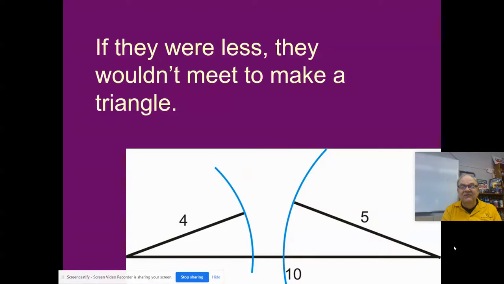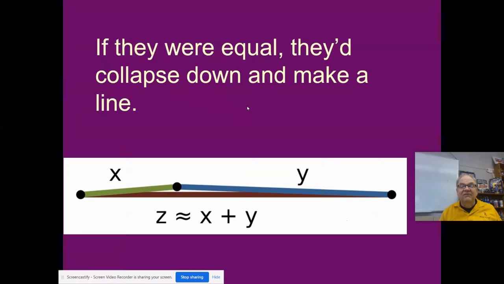Well, 4 and 5 doesn't add up to more than 10, so those sides have a gap, and they'd collapse down. They wouldn't actually close in to make a triangle. If they were actually equal, when they collapse down, you'd have a straight line segment. And again, you wouldn't go up and have the point that would make the triangle. So any two sides have to add up to more than the third side.